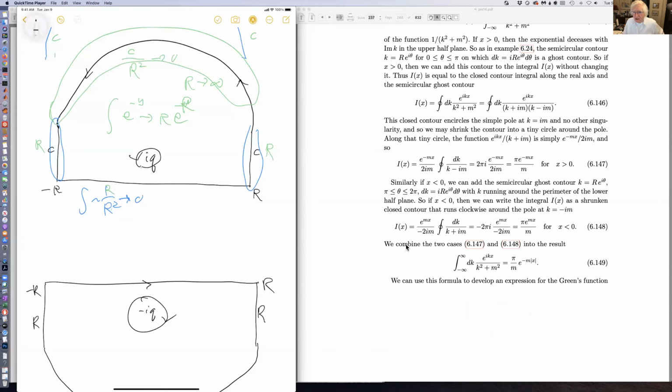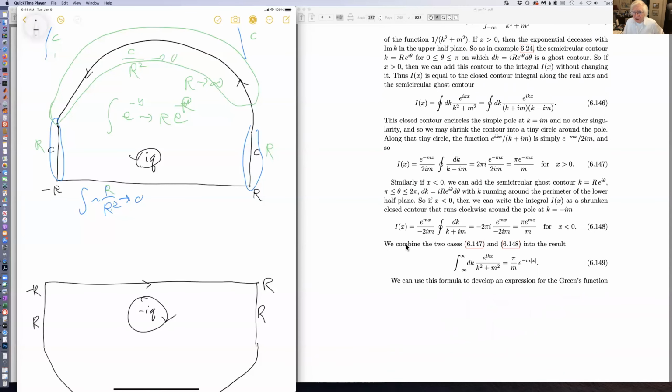So in this particular example, we have an integral e to the ikx over k plus im, k minus im, dx. So that's what we're talking about. Well, except that I said dx, it's actually dk.